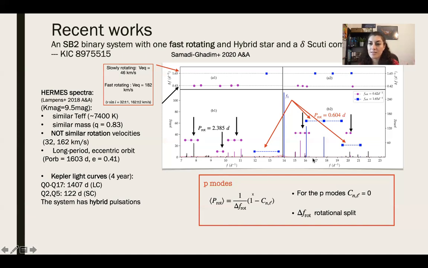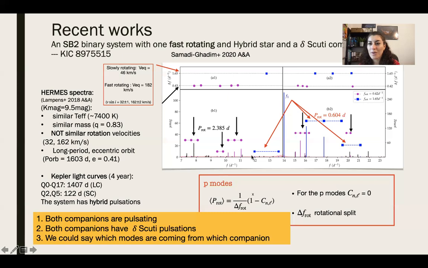If I consider some estimation of the radius, then I can say that each of these mode groups shows a different rotational frequency and rotational velocity, which is very close to what spectroscopy says. So up to now, I know that both companions are pulsating, both have delta scuti pulsations, and I know which modes are coming from which star.